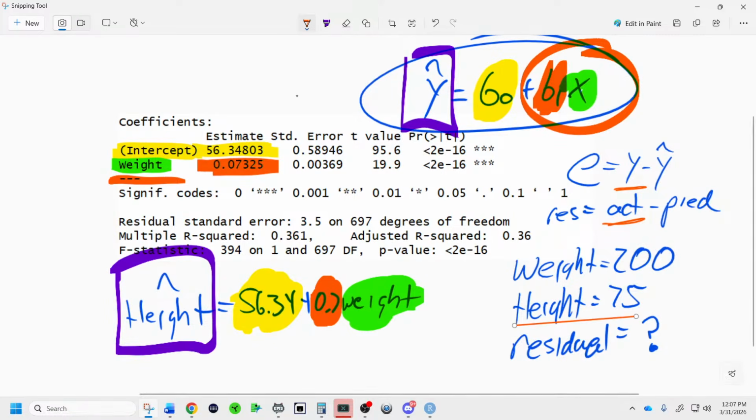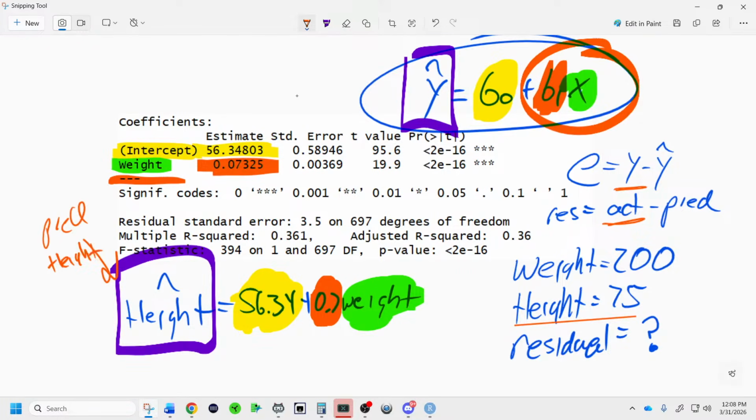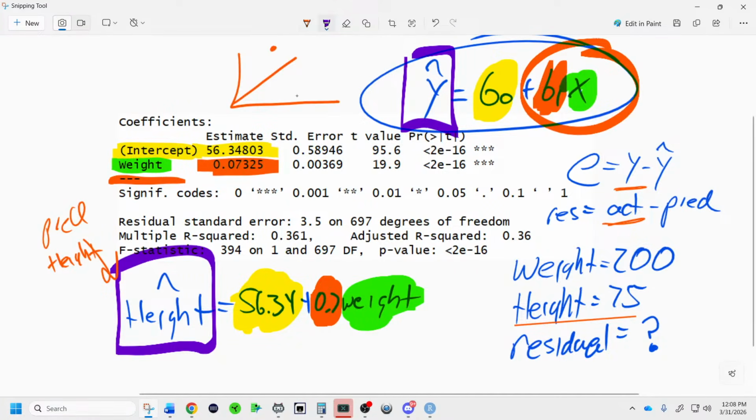But we don't know my predicted height right now. To get the predicted height, we'd have to do this over here, because this is what predicted height is. A residual is how far I am above or below the model. If I am above the model, my residual would be positive, and negative from below.